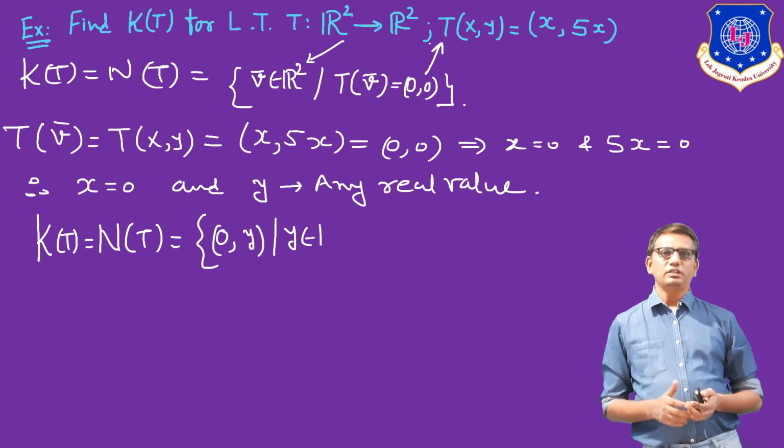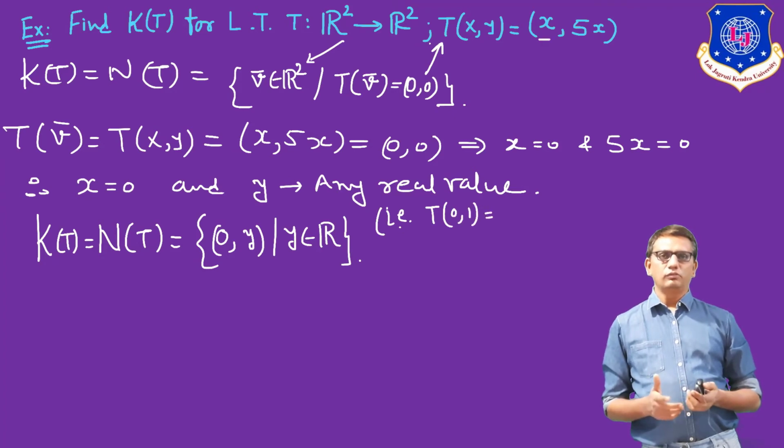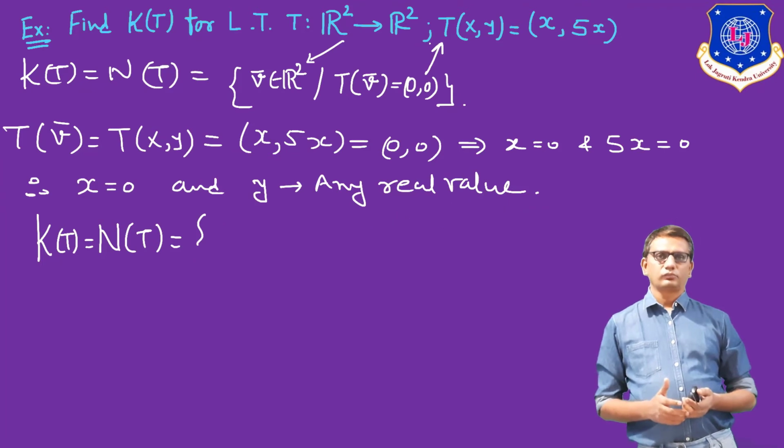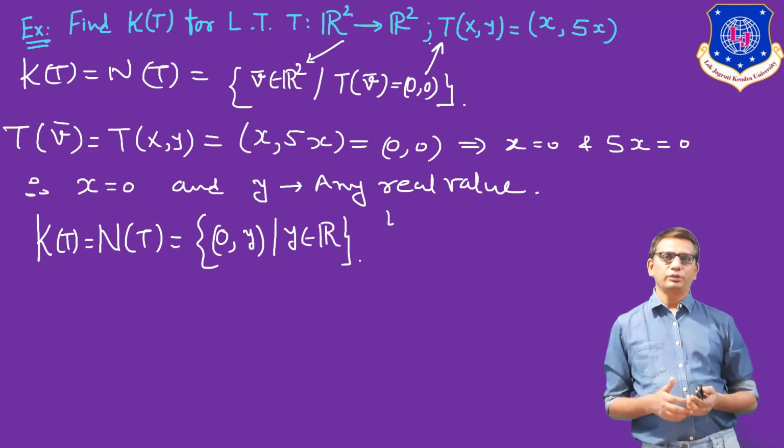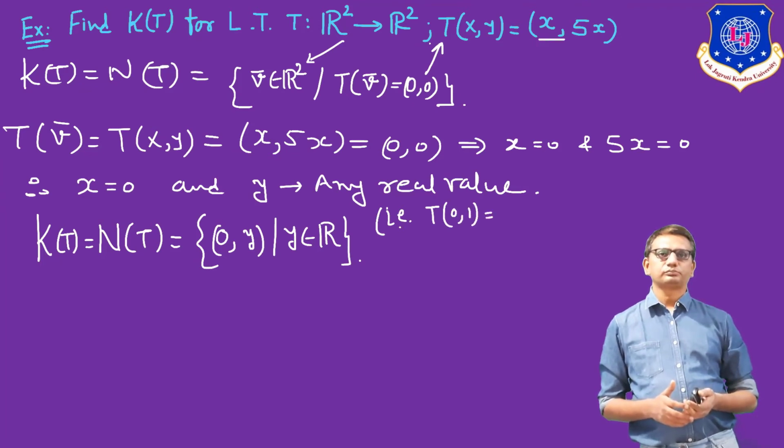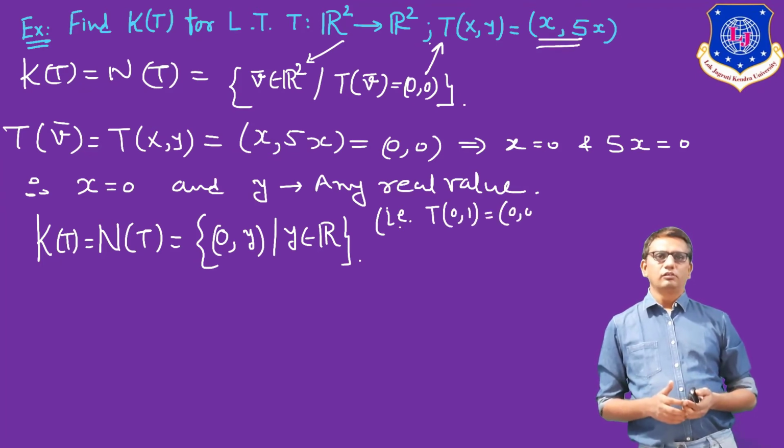So kernel of T is (0, y), y belongs to R. Here x element is 0 and y component is any real number. So finally it is nothing but the y-axis.